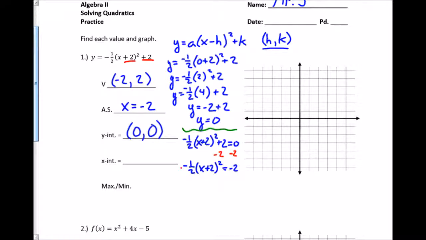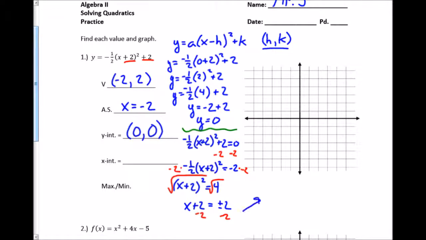I multiply each side by -2, so I get (x plus 2) squared equals 4. I take the square root of each side. And just remember, whenever I take the square root of each side of an equation, I have to do plus or minus that value. And then I subtract the 2.